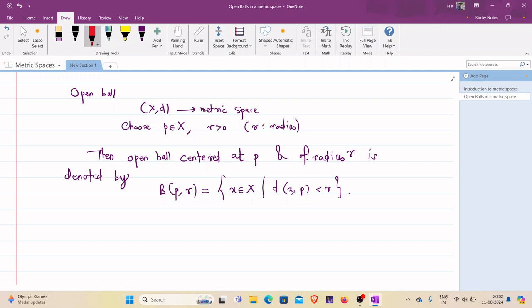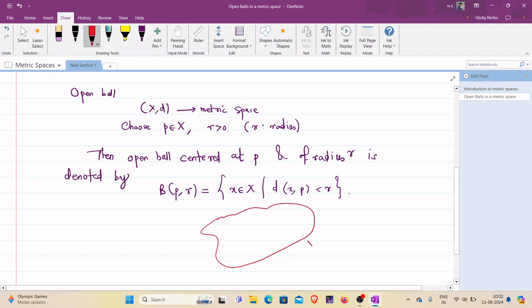So suppose this is your X, for example, and suppose this is your point P. Now suppose I have fixed some radius r, then I'm going to collect all the points which are at a distance less than r from P. Let me shade this region.